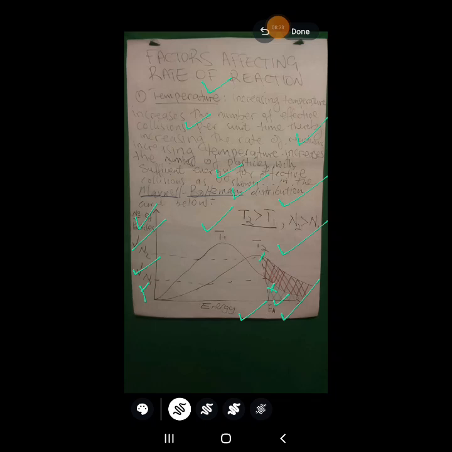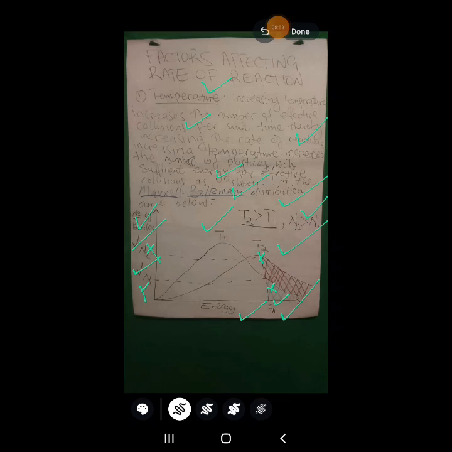We can all see that when you extrapolate, you reach that point, and then when you read off the corresponding value here on the y-axis, you are going to get a certain value N2 that is greater than N1. In other words, the number of particles with sufficient energy for effective collisions increases when you increase temperature, and therefore the rate of reaction increases.